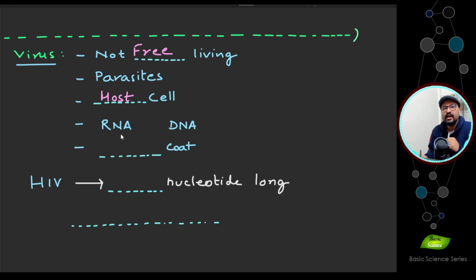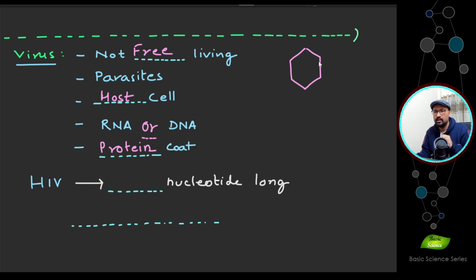In this case, you can have DNA or RNA as their genetic material, and the protein, right? Protein is basically the material of which the coat of the virus particle is made. If you see the structure of a typical bacteriophage, what you will have is an icosahedral shaped capsid.